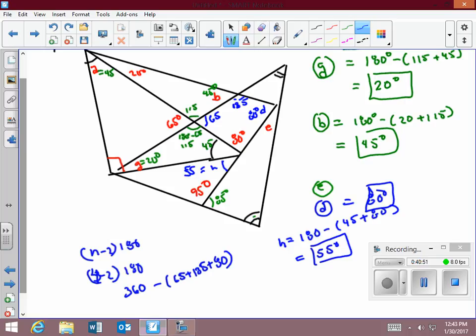So we got E. Was there an F? There is an F. Where's the F at? F was here, wasn't it? Well, that we can do, that's easy. 90 minus 20. Right. 70.